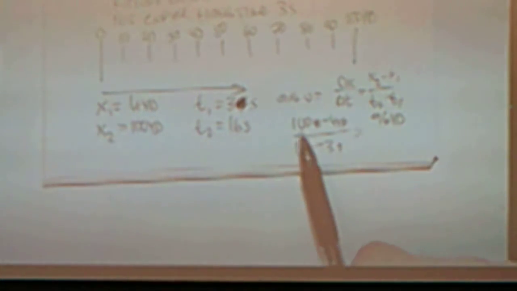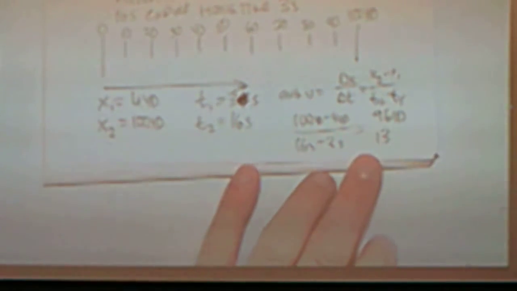How many sig figs? 2. Yep, it is actually 96. Because each of these is accurate to within 1 yard, this should actually be 100 dot, because we know that's exactly 100 yards in our coordinate system. So 100 minus 4 is going to be 96. 16 minus 3 is going to be 13. How many sig figs should that have? Also 2, because this should be accurate to the second.